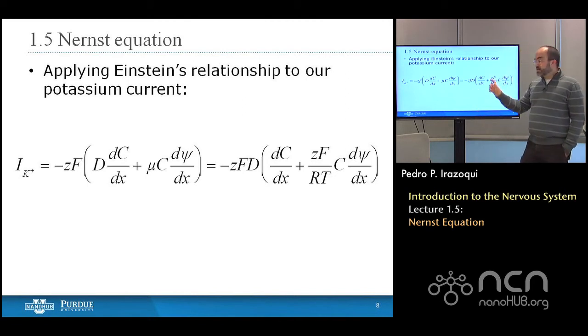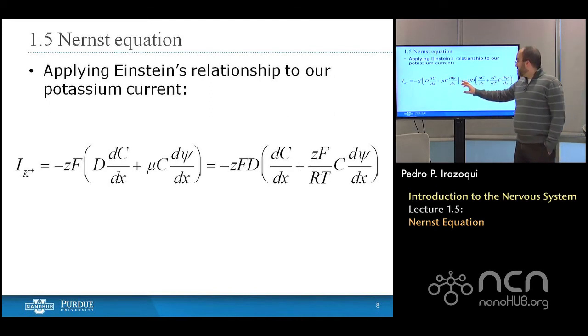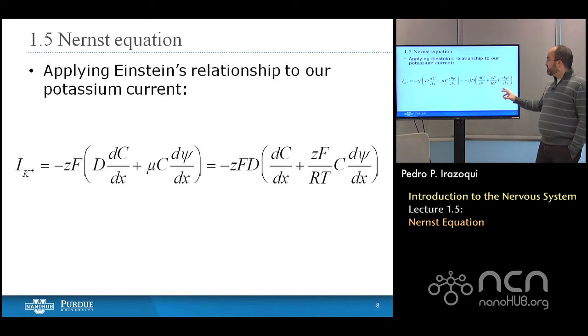If we substitute Einstein's relationship for mu, and we simplify the equation, the current becomes equal to minus Z, the valence, F, Faraday's constant, D, the diffusion coefficient, multiplied times the derivative of the concentration with respect to x, plus the constant Z, the valence, times F, Faraday's constant, divided by R, the gas constant, multiplied times T, the absolute temperature, multiplied times the concentration C, and the derivative of psi, the local potential, with respect to x. So now we have an equation in which the current is proportional to the concentration and the local potential.